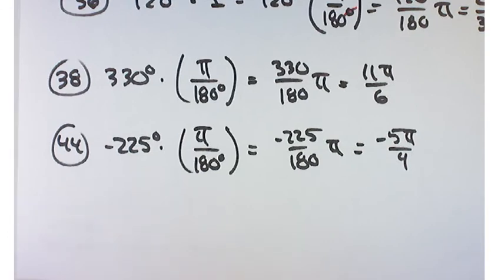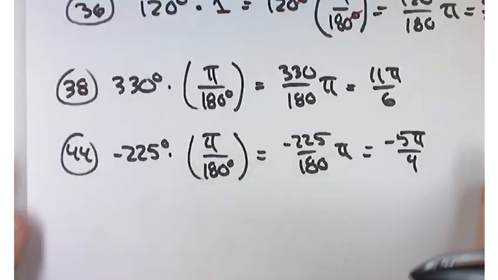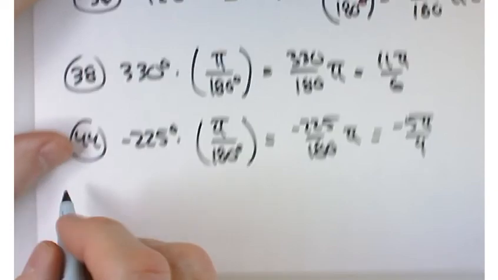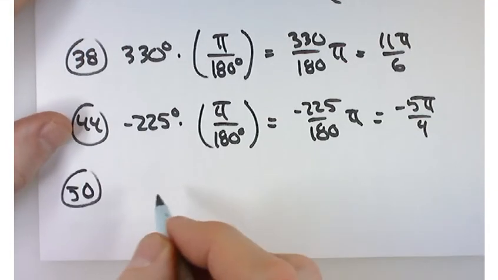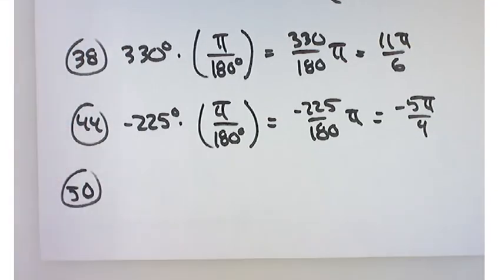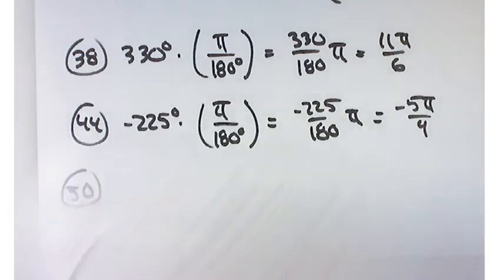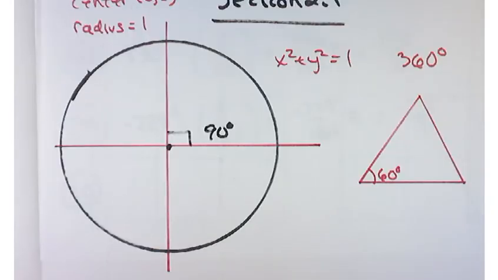Let's do a couple in a different direction. Let's start out with an angle in radians and come up with an angle in degrees. By the way, any guesses real quick? What do you think a 90-degree angle is going to be in radians? Can anyone just kind of piece that out? Yeah, half pi, pi over 2.